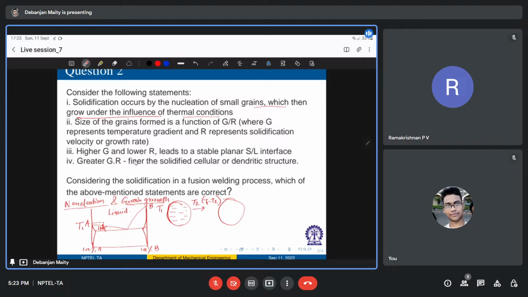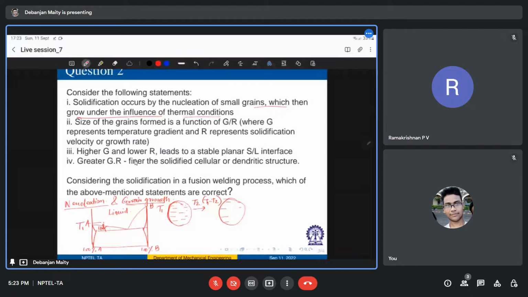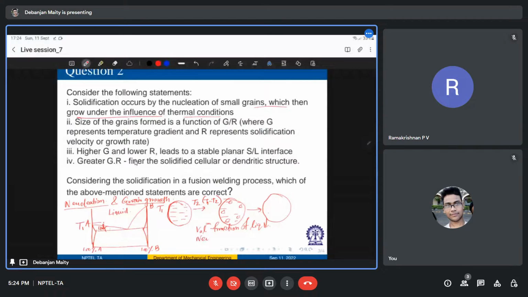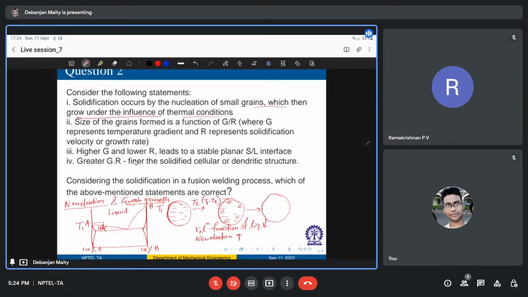In that liquid state, there will be formation of stable nuclei, and eventually with time the volume fraction of liquid starts to decrease and nucleation of this new particle starts to increase.